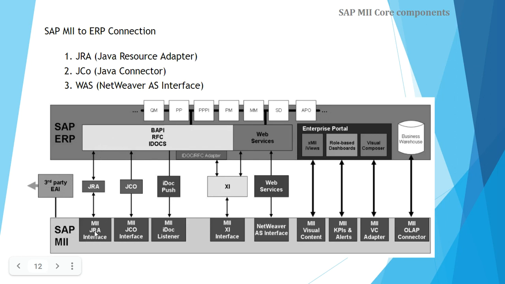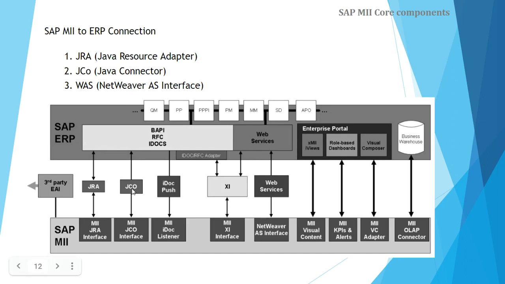The MII GRA interface is an inbuilt interface, but still some configuration needs to be done to use it. By using the GRA interface, you can call SAP RFC or BAPI, and either post data to SAP ERP or retrieve data from the SAP ERP system.